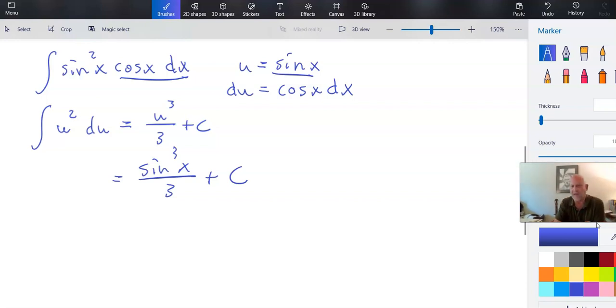It probably looked a little nasty to start with, but I think the hardest thing here is to see the function and its derivative inside of your integrand, because some of it requires you to kind of halfway take a derivative in your head as you're going. So also the other thing I want to warn you about is sometimes your first guess for u isn't correct, and you have to try to do something else.